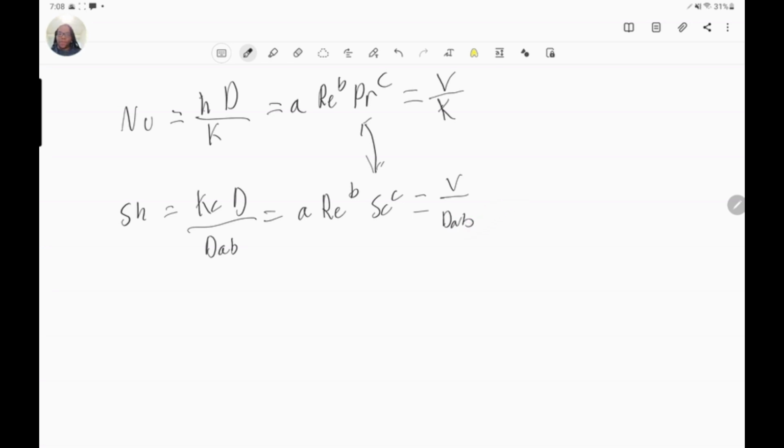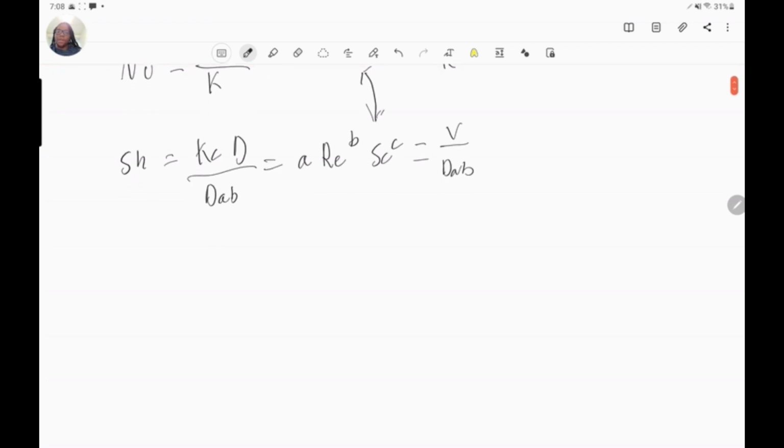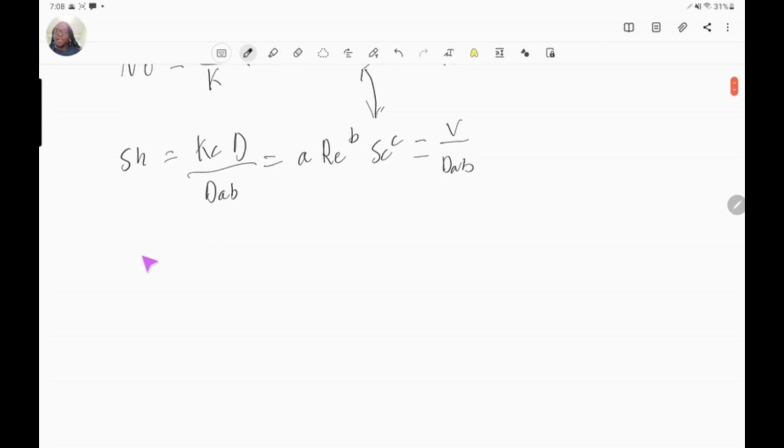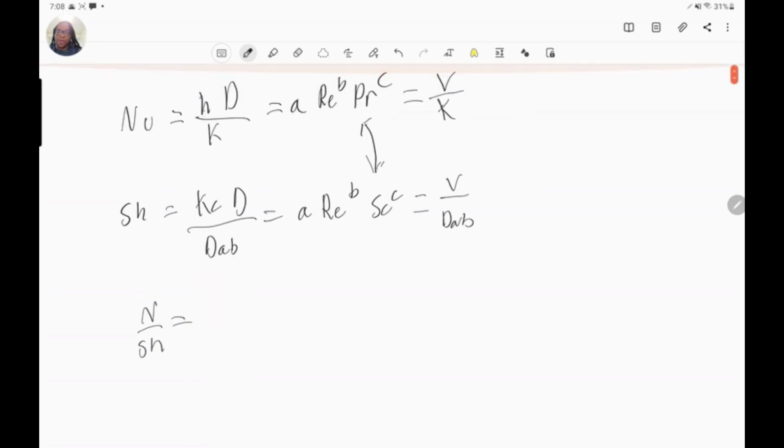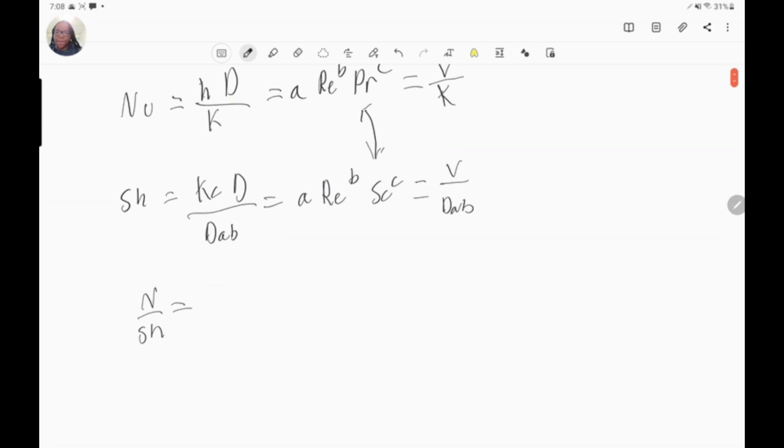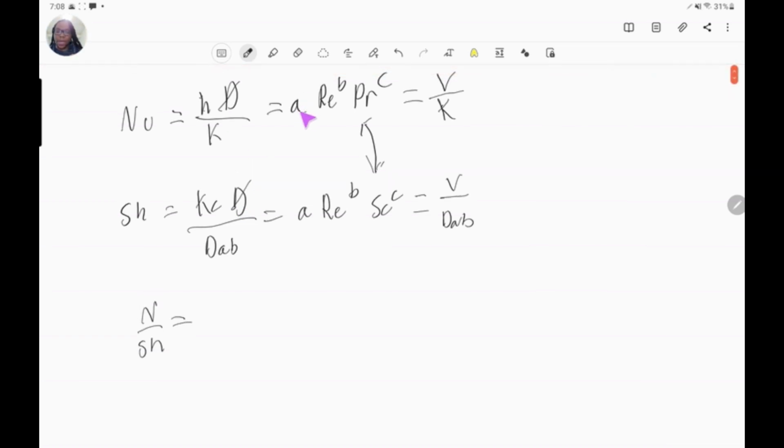From here, we are going to divide our Nusselt number by our Sherwood number. What is that going to create? These are going to cancel out, these will cancel out, and then we'll find that these will cancel out.